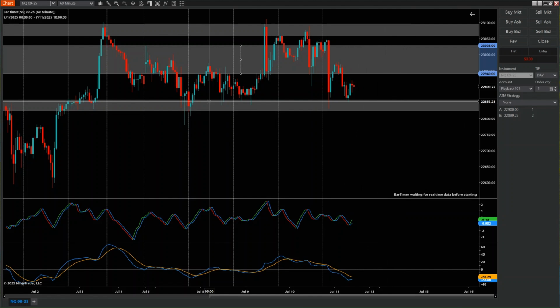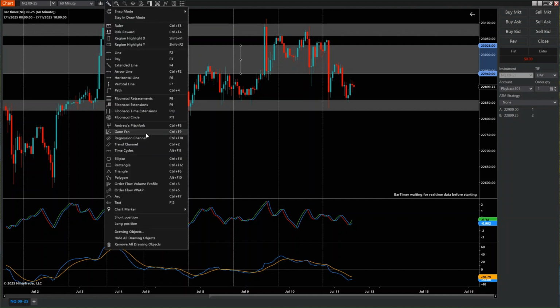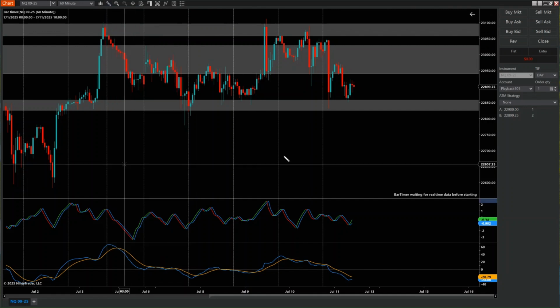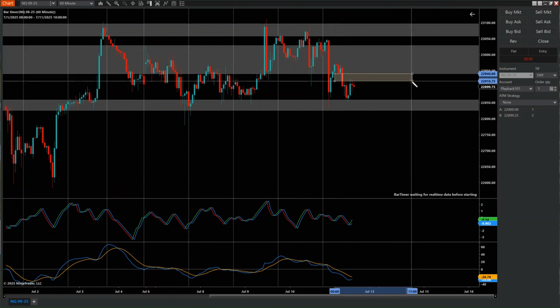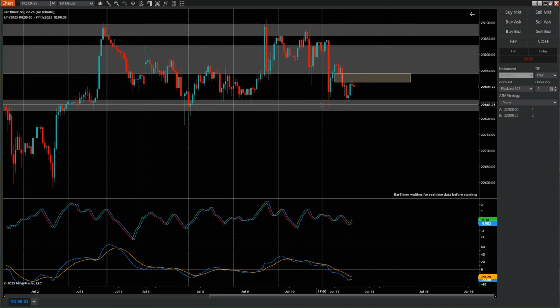Let me see. I think we've captured everything, and we've kind of got one here, rectangle. So we've got a bearish fair value gap. We see price reversing, touching that.